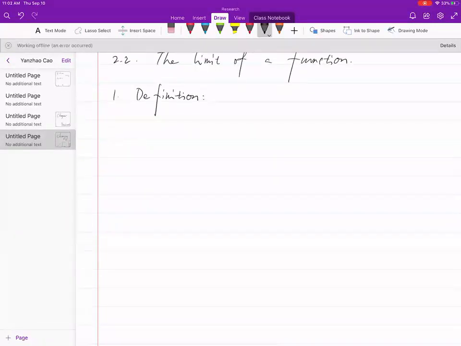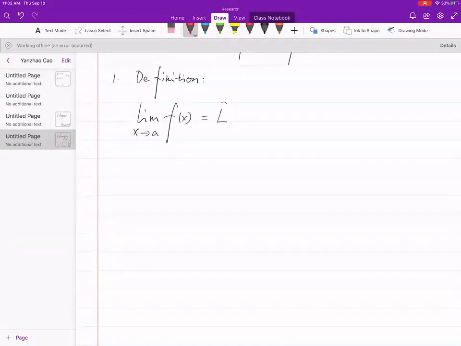Well, the notation is given by the limit as x goes to a of f(x) equals L. Here a and L are numbers.